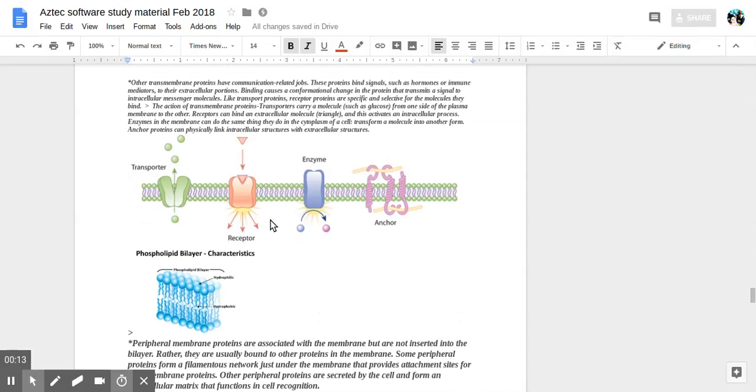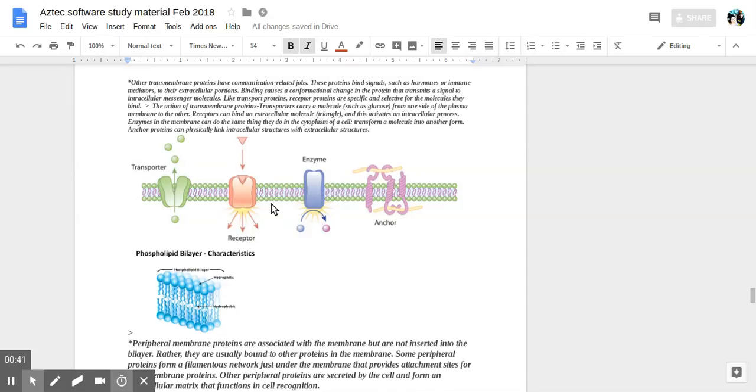So this is showing the cell membrane, the phospholipid bilayer, with the hydrophilic part on the exterior of the cell and on the cytoplasmic side of the cell, and the two facing molecules form this bilayer, and the hydrophobic fatty acid tails face the interior.